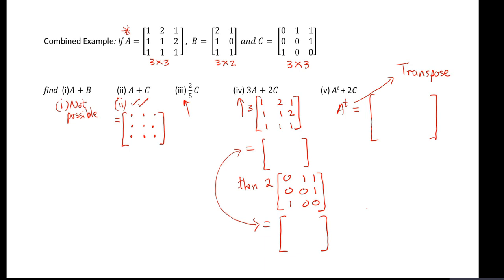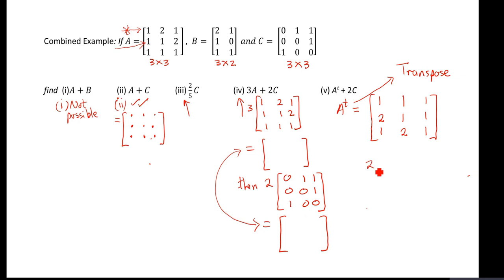Whichever way you do it, you'll still get it correct. The first row, 1, 2, 1, becomes the first column: 1, 2, 1. The next row, 1, 1, 2, becomes the second column: 1, 1, 2. The third row, 1, 1, 1, becomes the third column: 1, 1, 1. There's your transpose of A.